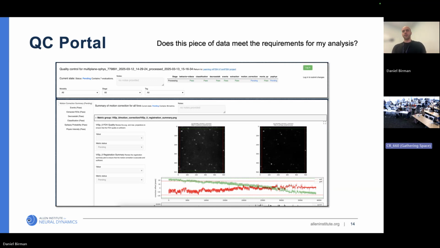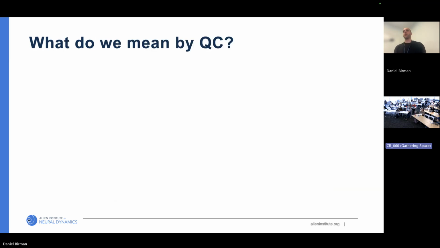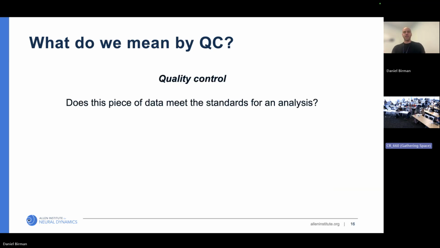So before I go into the demo of the portal, let's just chat a little bit about what we mean by QC, because I think it's not quite a loaded term, but I think it's not always obvious what everyone's saying when they mean QC. So we mean quality control in terms of the data assets themselves. Like, is this session worth analyzing according to some set of rules that I've set?